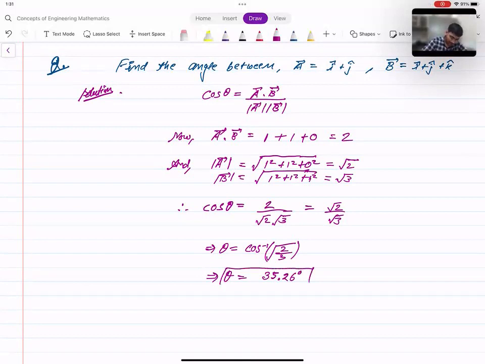In this way, we can find the angle between two vectors if the vectors are given to us.